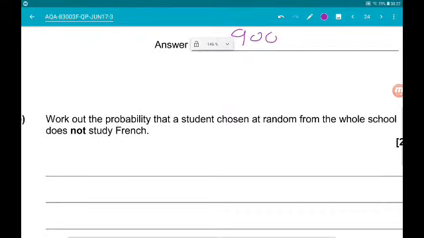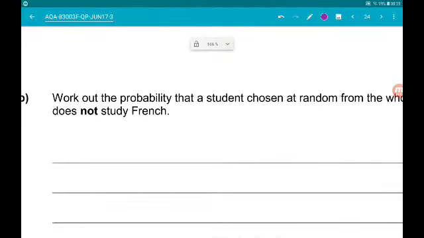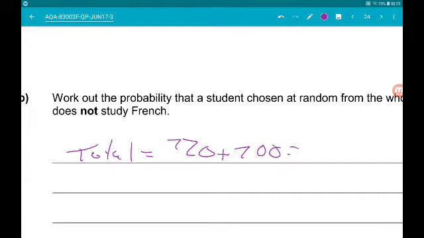Part B wants us to work out the probability that a student chosen at random from the whole school does not study French. Okay, so for that we need to know the total number of students in the school and the number that do not study French. So the total is 720 and 700, which is 1420.